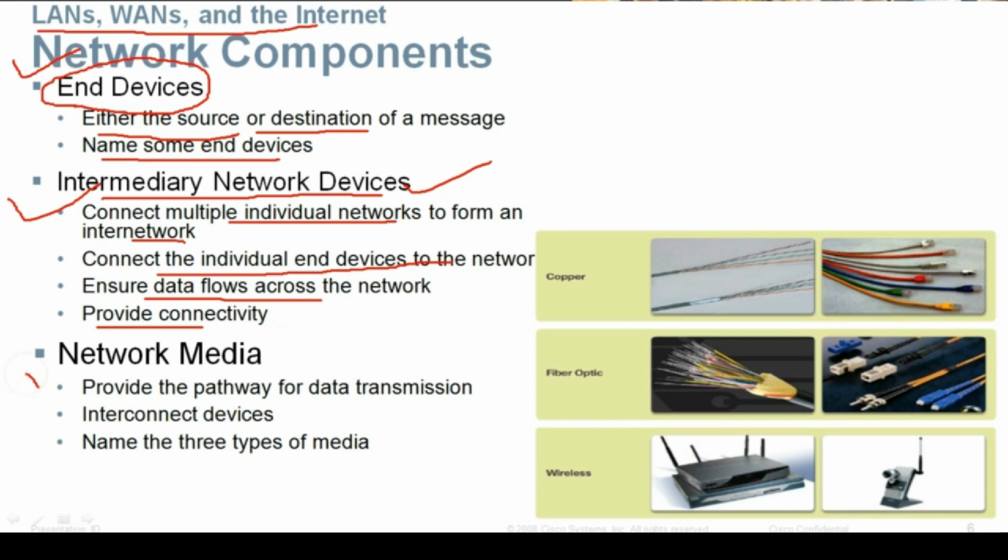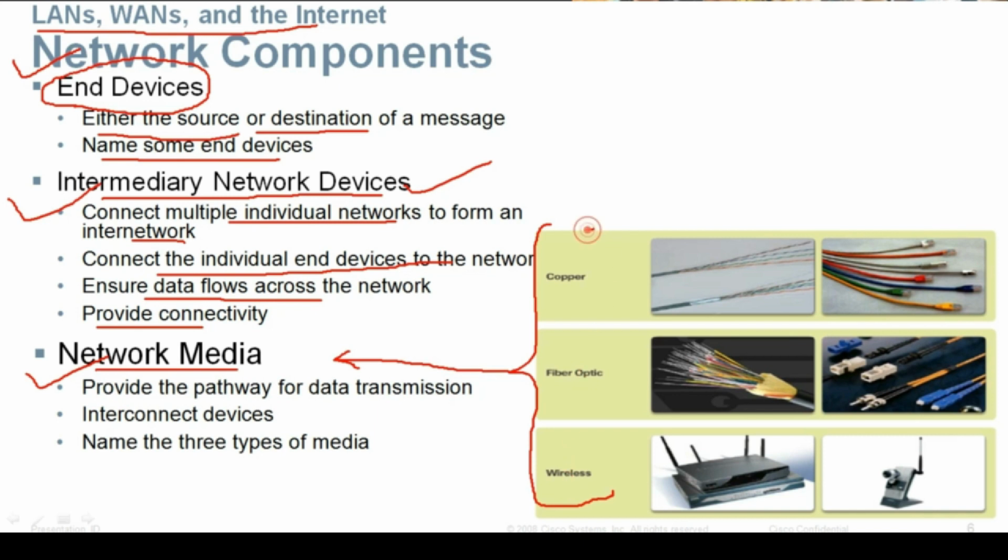Then the next category of network component is network media, meaning which channel of communication we are using. As you can see, these three channels we broadly use as network media. Your channel can be a copper cable, a fiber optic cable, or a wireless channel.